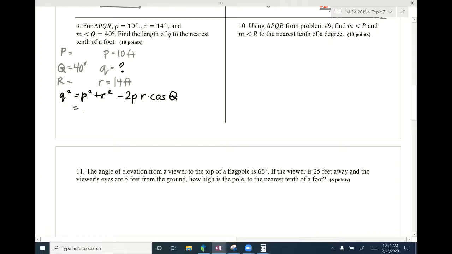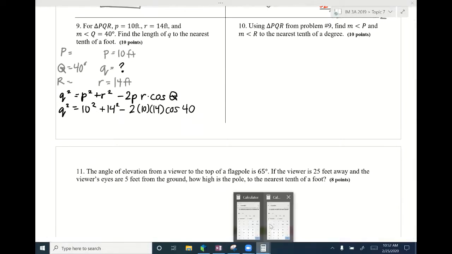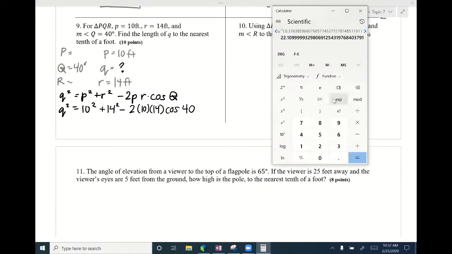So P is 10, R is 14, and so I'm going to type all of this into the calculator. Remember that the important part is if you're using a calculator that works as this one does, you're not hitting enter until the very last step. Okay, so you're not saying equal until the end.